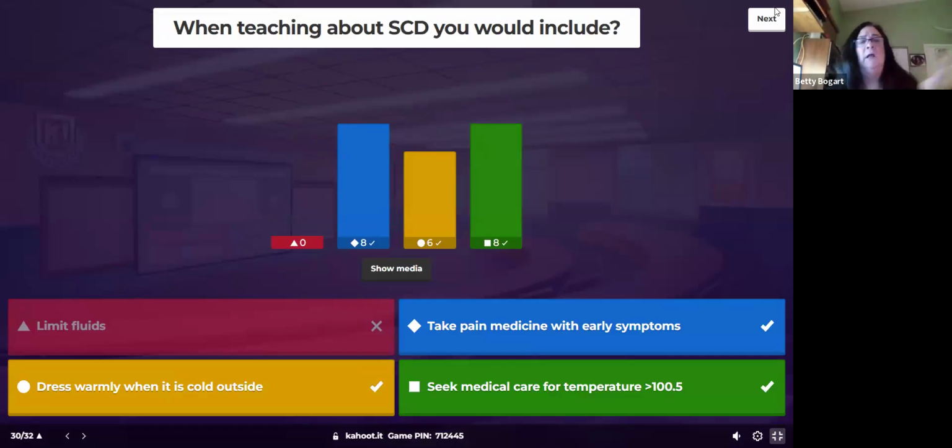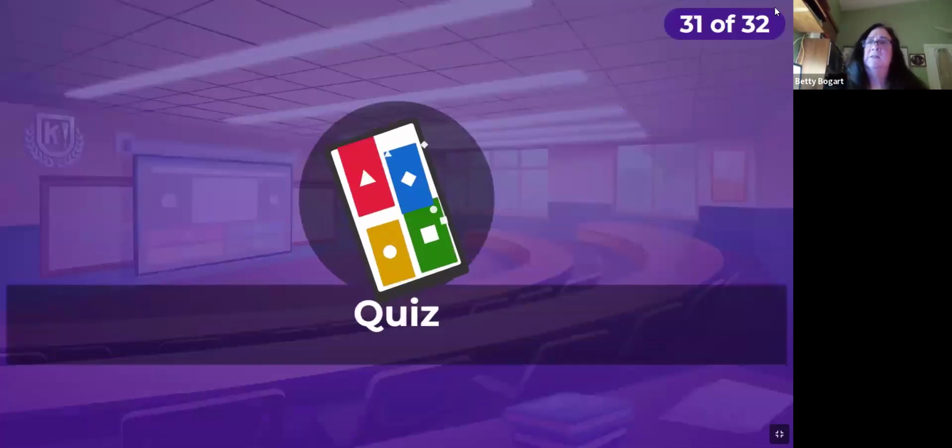Fluid, fluid, fluid. Hydrate, hydrate, hydrate. If it's cold outside, dress warm because cold will constrict the blood vessels. You want to keep them warm, keep them dilated. Of course, pain medicine is always given before it gets too bad, because by the time they get to the ER, morphine, Dilaudid ain't going to help when they're that bad. And again, look at the fever. They are immunosuppressed. They need to have medical treatment. Very good, guys.